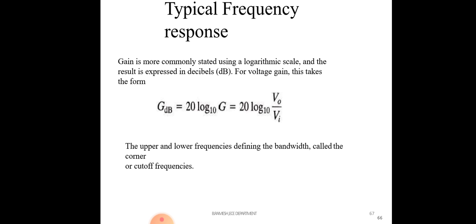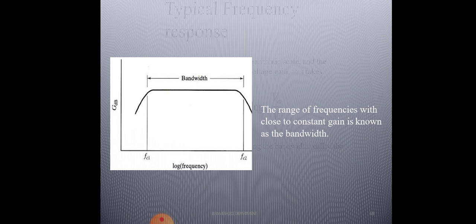We can measure the cutoff frequency by dividing the gain by root 2. The range of frequency with close to constant gain is called the bandwidth. So from that we can calculate the corner frequencies, and then the bandwidth.